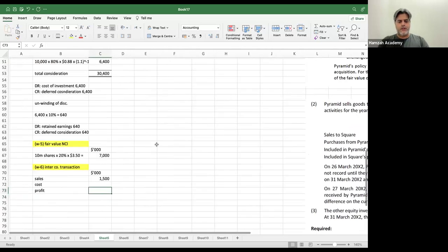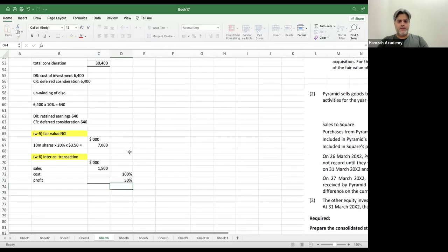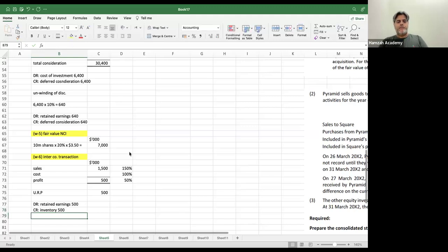So the cost is going to be 100%. This is going to be 50%. So this is going to be 150%. So the profit is going to be 500 over here, right? And this whole amount is going to be the unrealized profit over here. So we are simply going to debit the retained earnings with 500, credit the inventory with 500 over here.